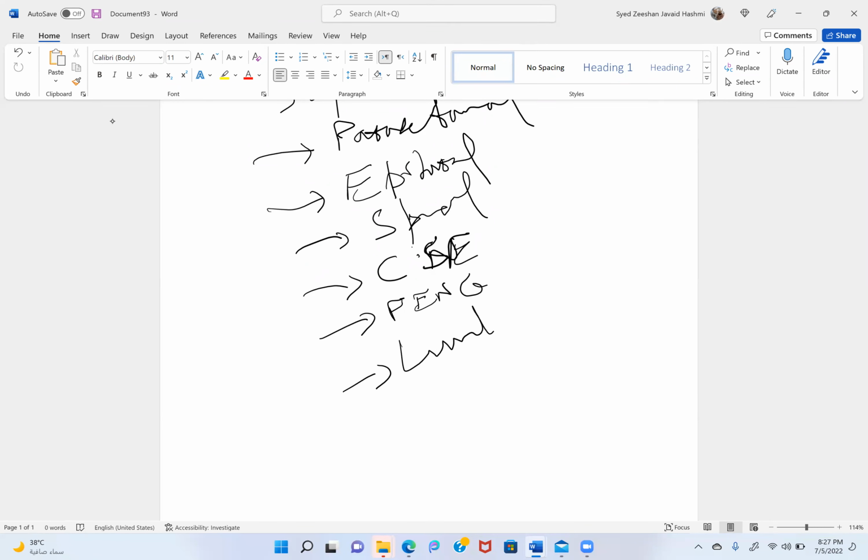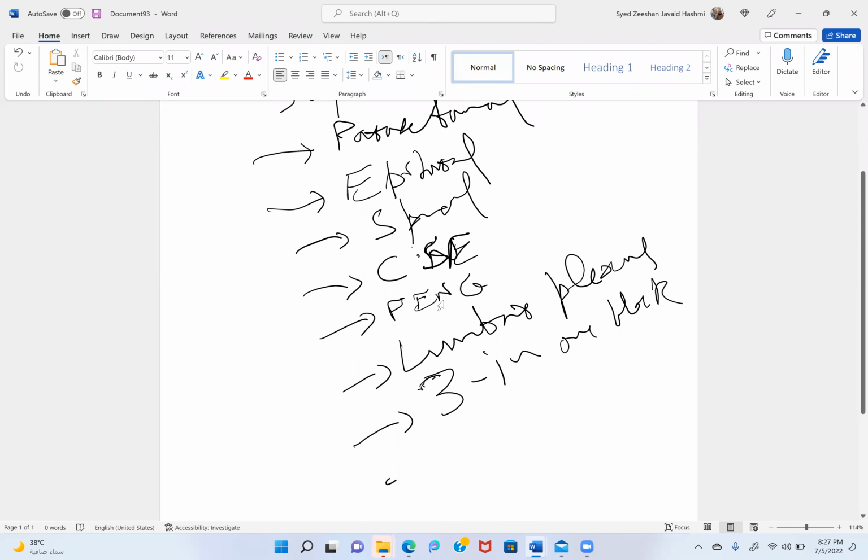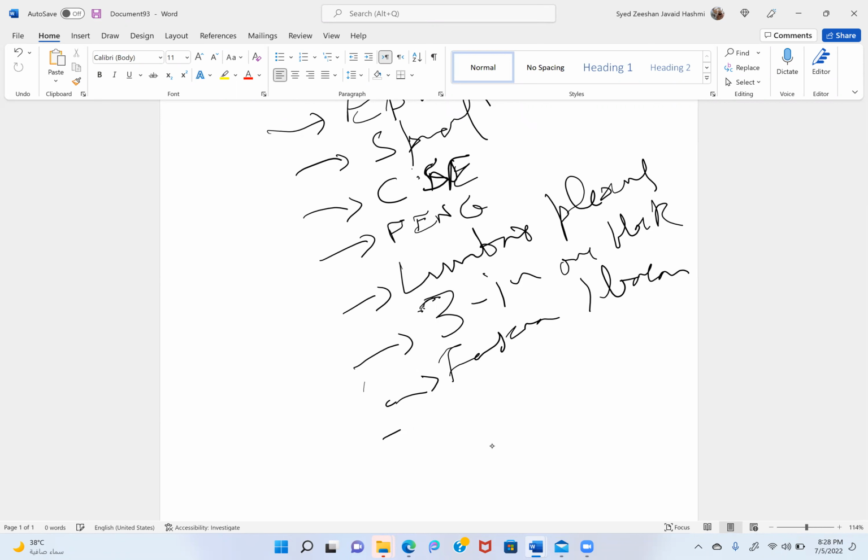Lumbar plexus block. What else? This 3-in-1. Femoral block. Fascia iliaca block. What else? Lidocaine infusion.